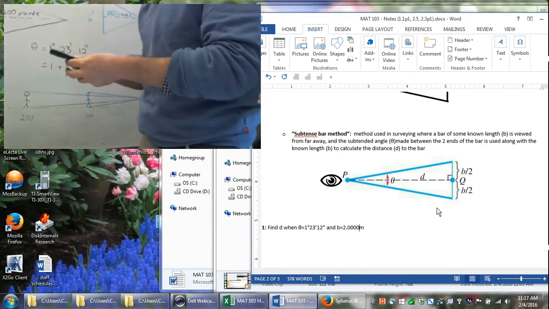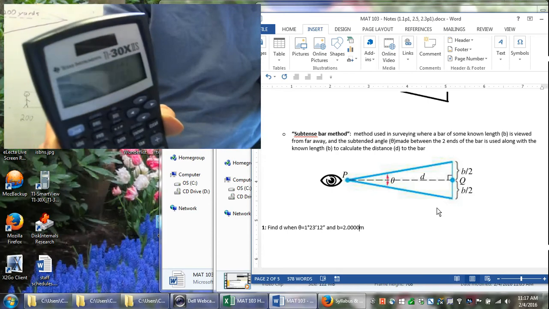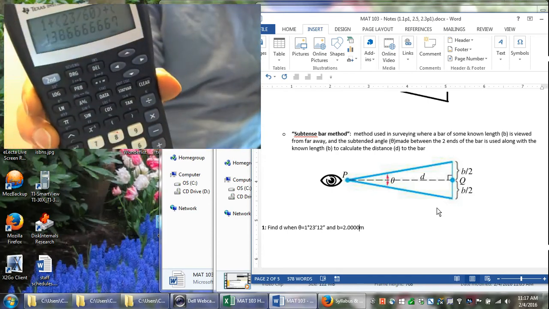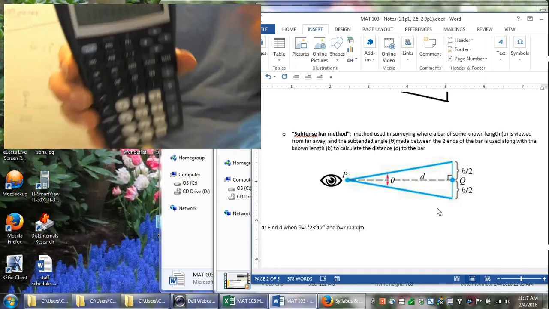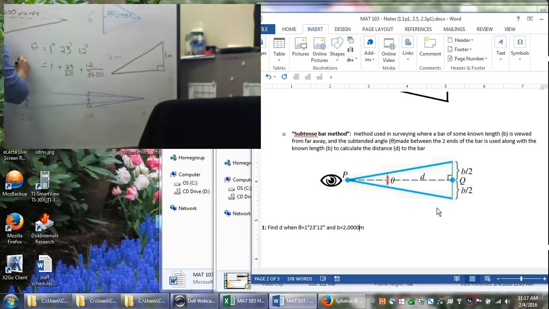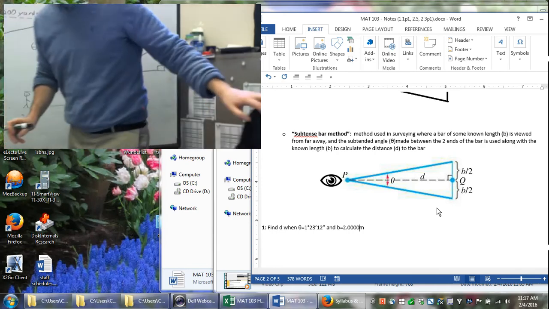So each degree has to have 60 minutes. Each one of those minutes has to have 60 seconds. So 1 degree is 60 times 60, 3,600 seconds. So I can't remember 3,600, but I can remember it's got to be 60 times 60, and then go from there. So 23 over 60 is going to be some long, never-ending decimal here. 12 over 3,600 is the same thing.